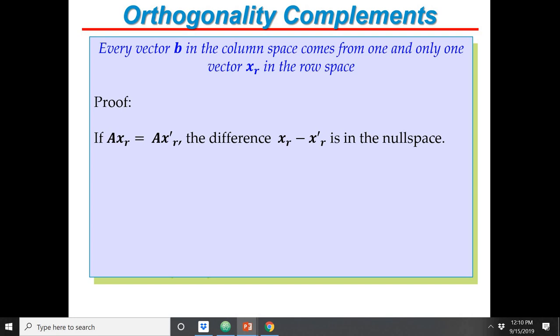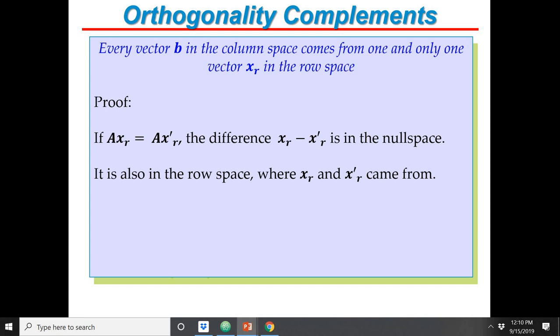The difference of the two xr's is in the row space, but also, as I see here, it's in the null space. And what is the element that is common to both the row space and the null space? Well, it's the zero vector, and that's where you see the uniqueness: the two vectors are identical.